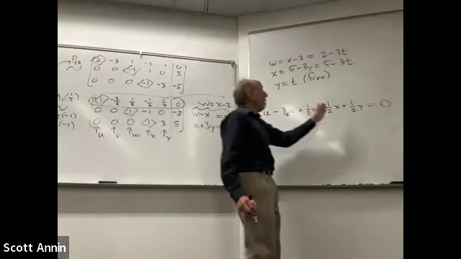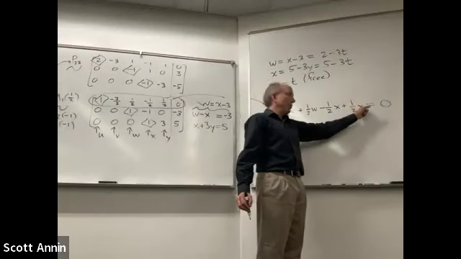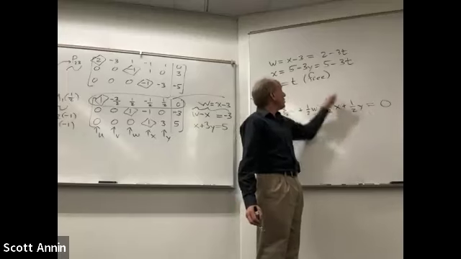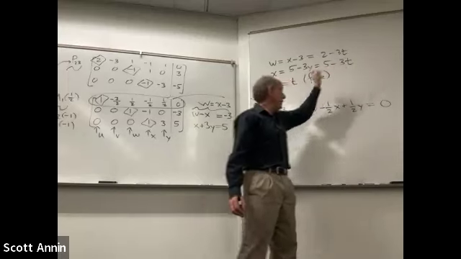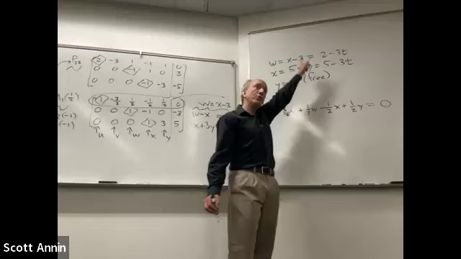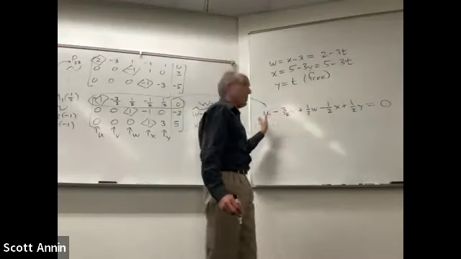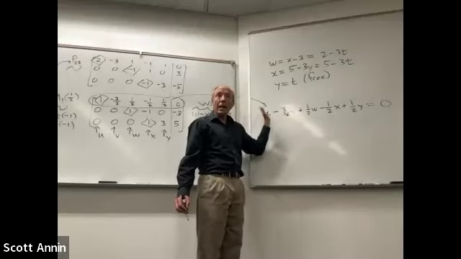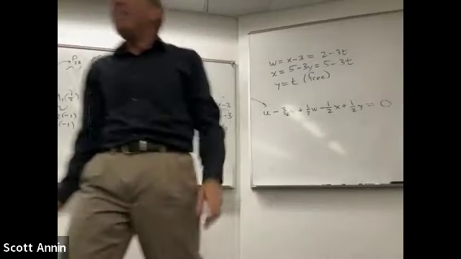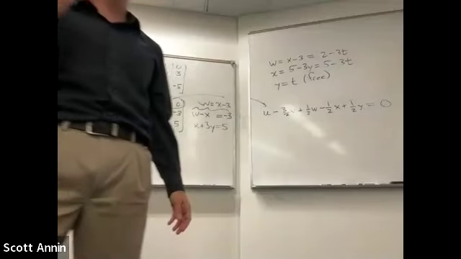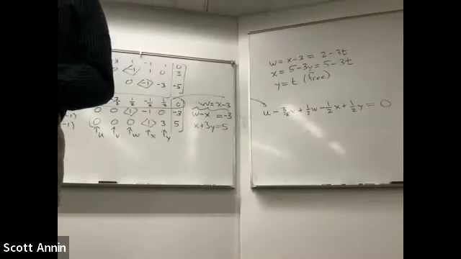Now, we already know that y is going to be t, x is going to be 5 minus 3t, and w is going to be 2 minus 3t. That much we know. But we have u and v here. What I'd like you to notice is that the v is actually another free variable, right?